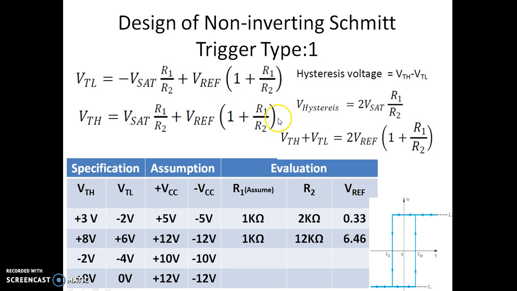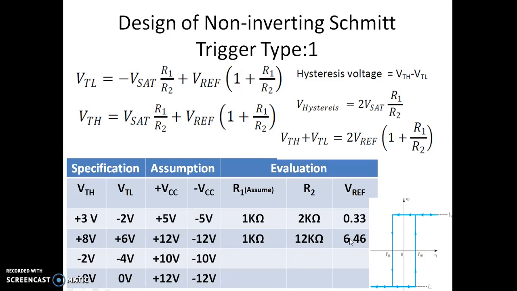As we discussed in the inverting Schmitt trigger, you can design for a given VTL, VTH, and plus VSAT, minus VSAT. You have to assume one resistor and we'll get the other resistor and the reference voltage. This way we can comfortably design these inverting and non-inverting Schmitt triggers for any desired VTL and VTH.